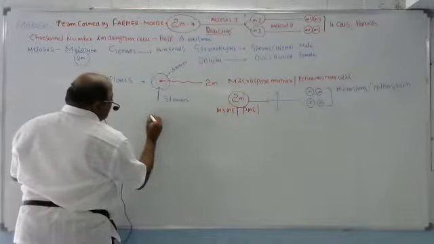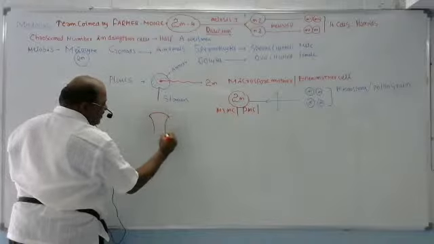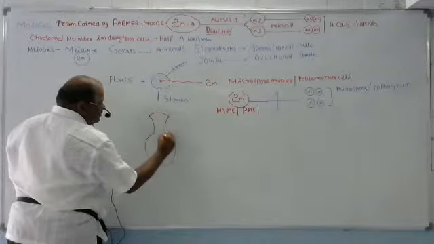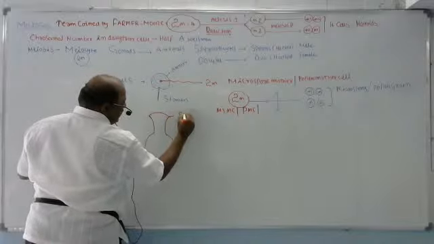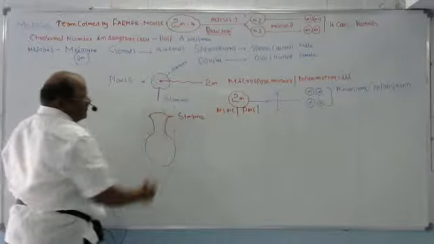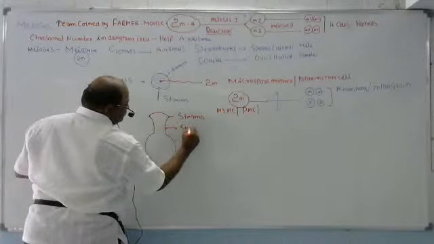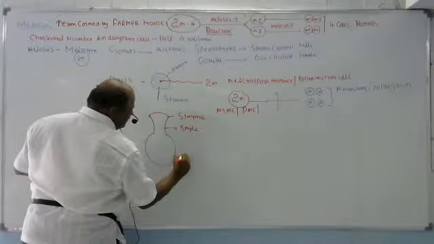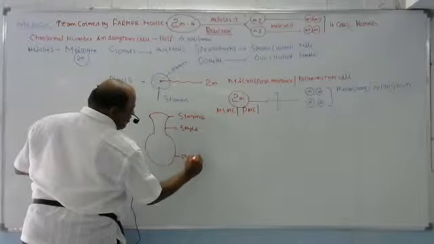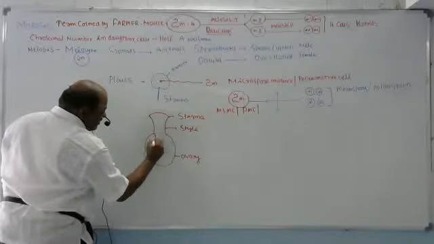If we take the fourth whorl of the flower, the gynoecium, it has the carpel. It has one part, the stigma, another one, the style, and then the ovary. We will get the explanation later.